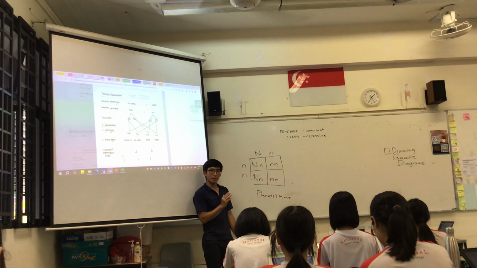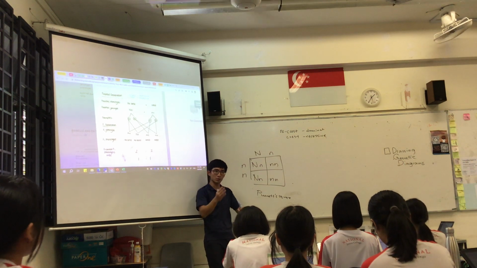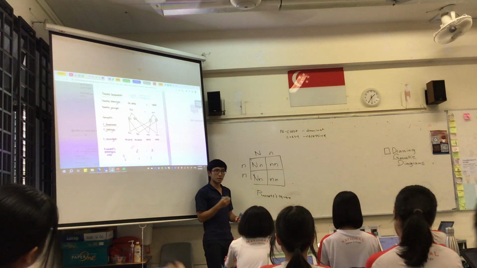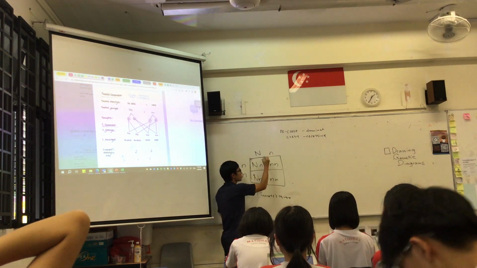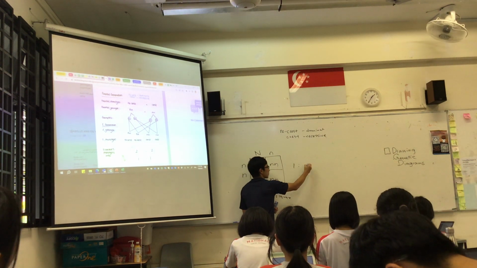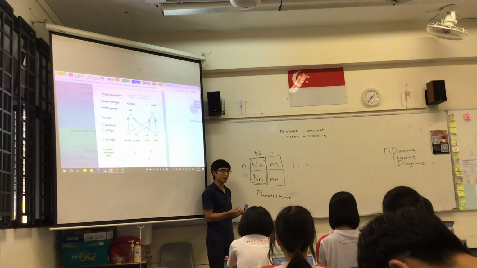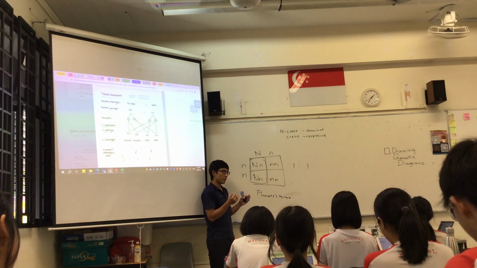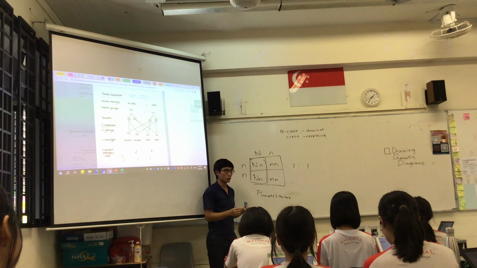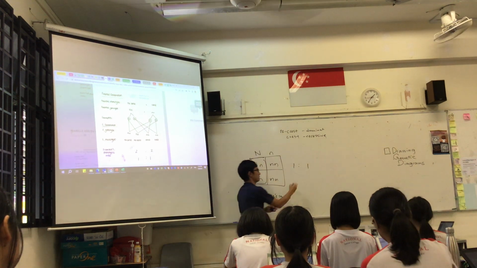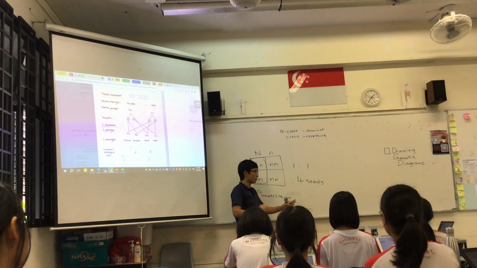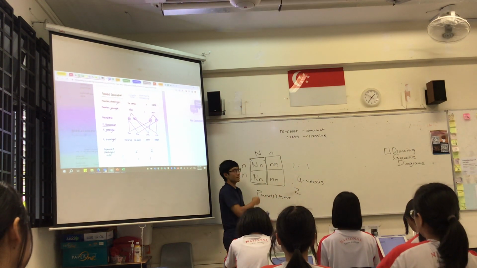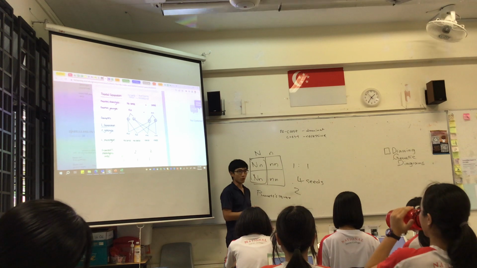This is a part that students find a little bit hard to grapple. Some students think that if you see this 1:1 ratio, and a plant were to produce 4 seeds, 2 of them will be yellow, 2 will be green.